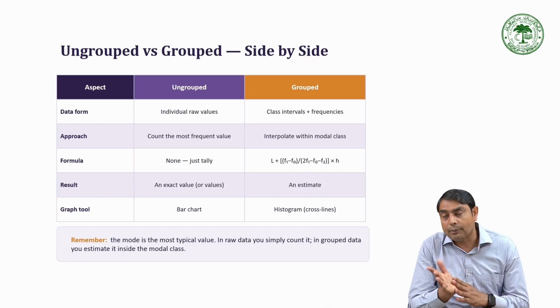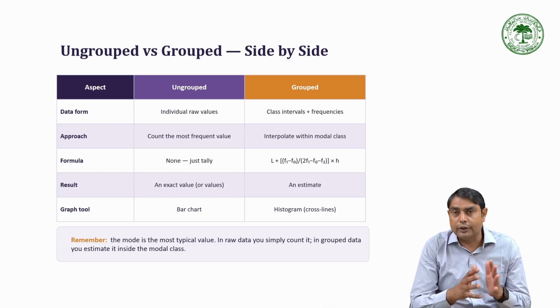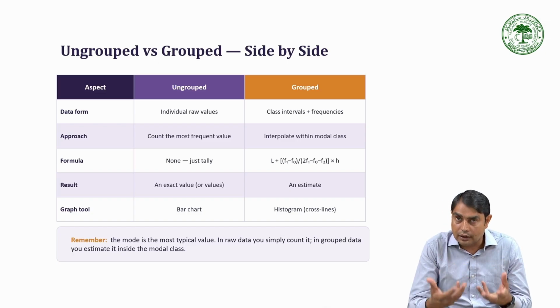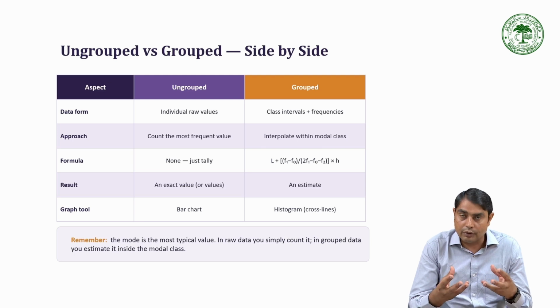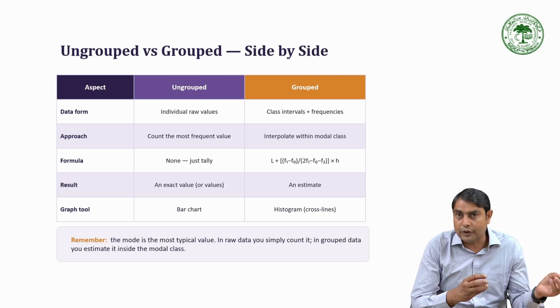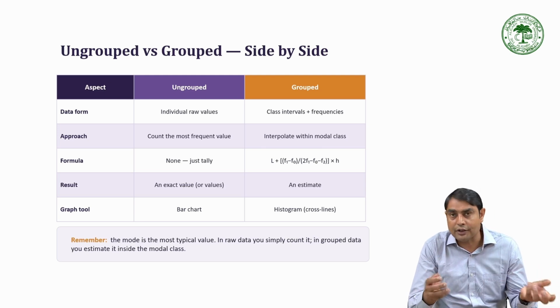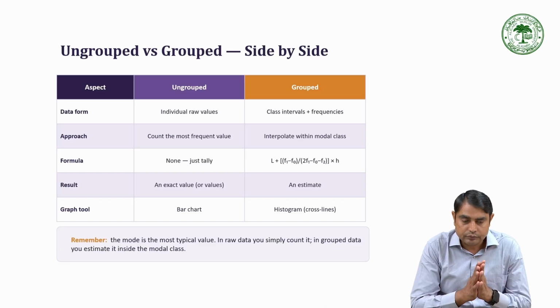But for grouped data, you need to interpolate within the modal class to find the estimated value, whereas your mode will lie between the lower range and upper range of the modal class.